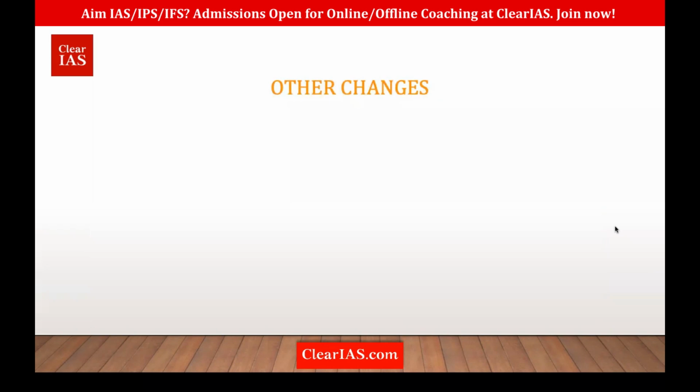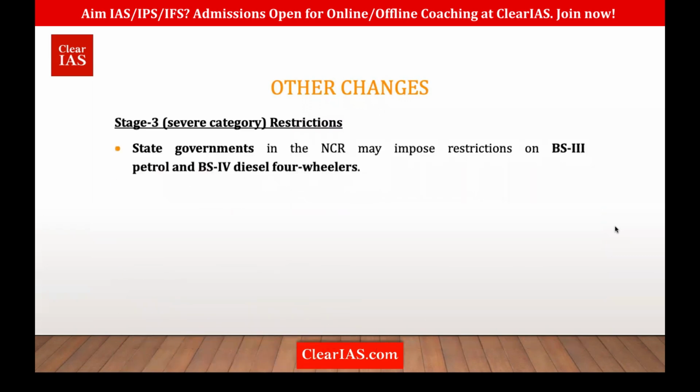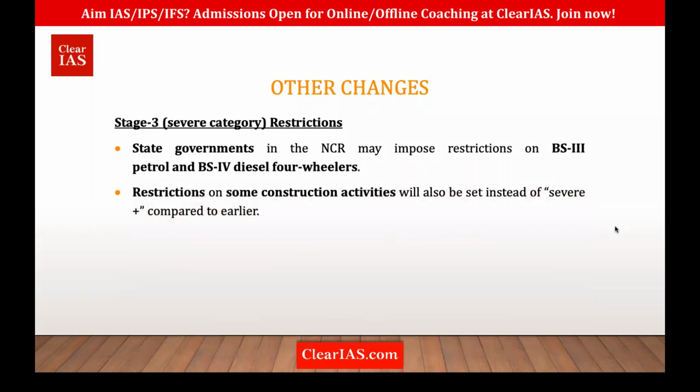Apart from that, there are other changes which have also taken place. Whenever somebody declares a stage 3 severe category, the state governments in the NCR region should impose restrictions on BS3 petrol vehicles and BS4 diesel vehicles. We'll see what BS3 and BS4 are later. But remember, whenever there is a severe category, that is stage 3, the state government should impose restrictions on BS3 petrol vehicles and BS4 diesel vehicles.